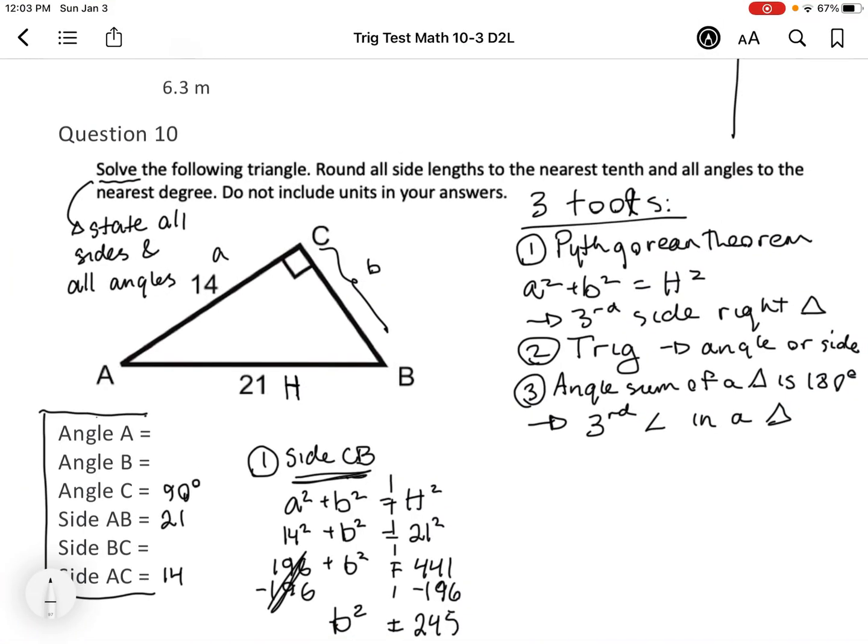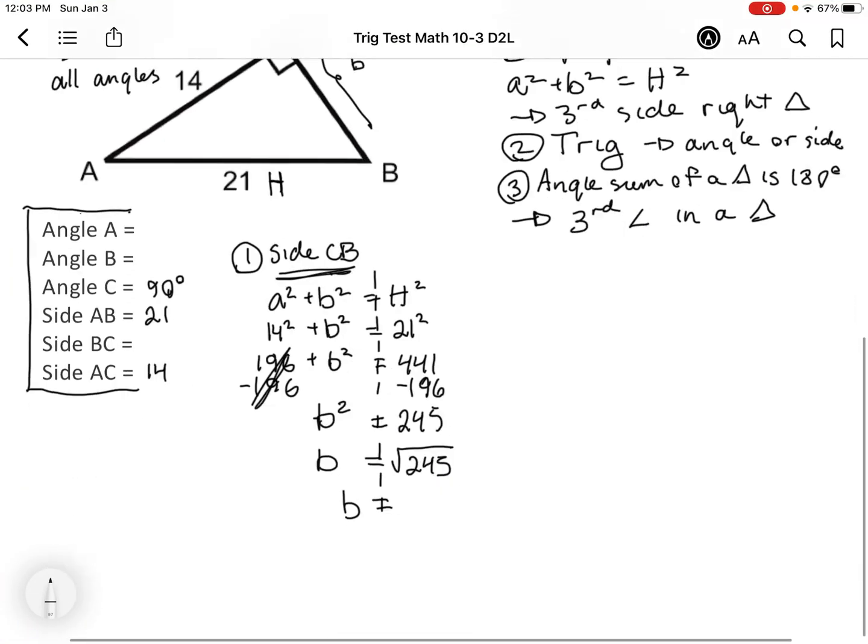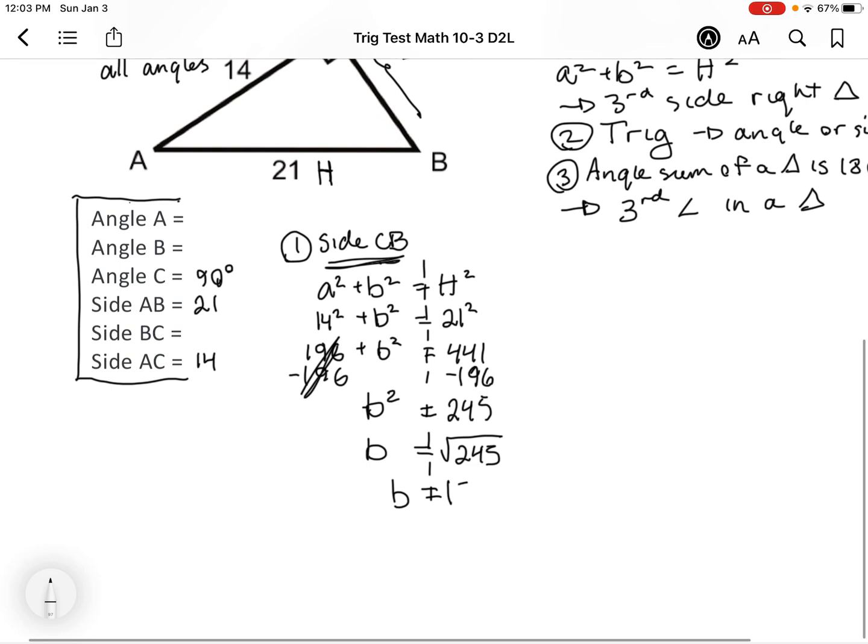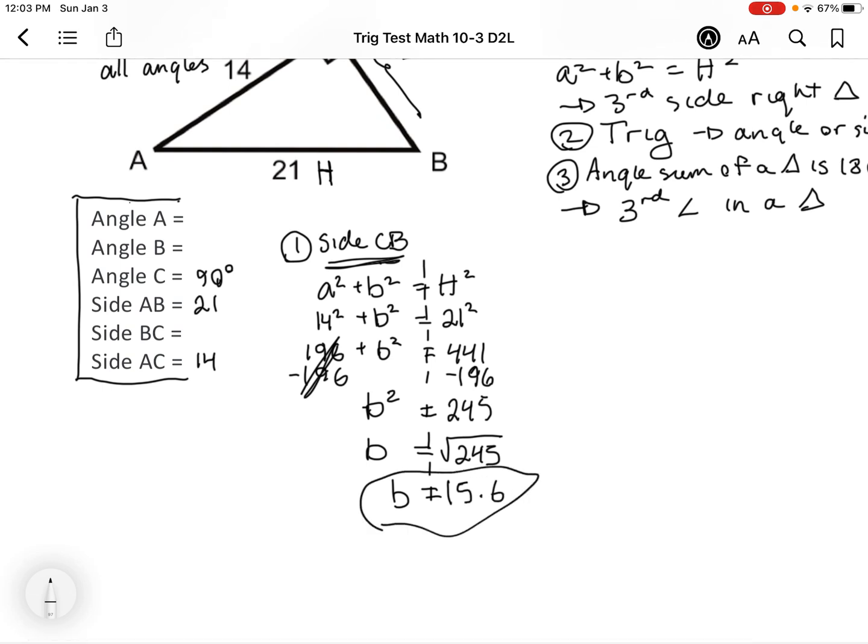And in this question, you were asked to round sides to the nearest tenth. So 15.6. Okay, so that's this one. And that was side CB, or BC, it doesn't matter. So this is 15.6. Okay, so that's one.